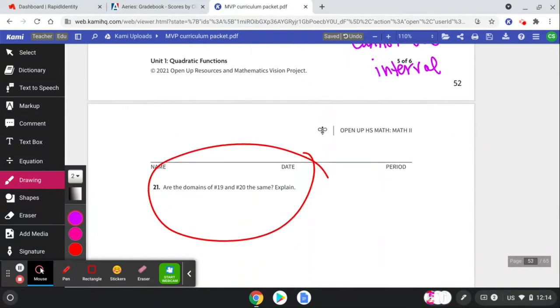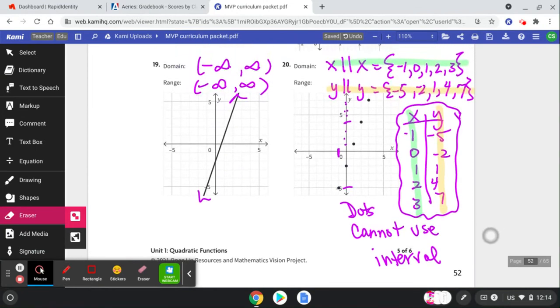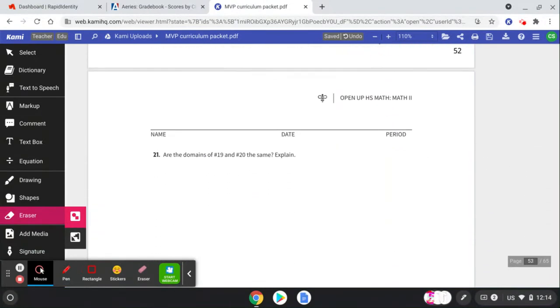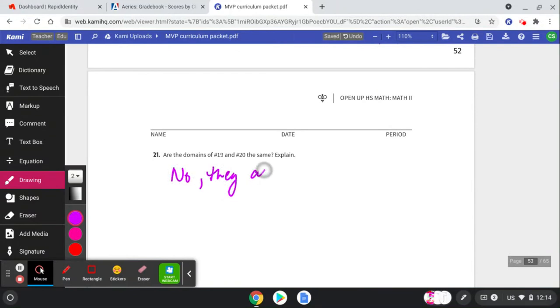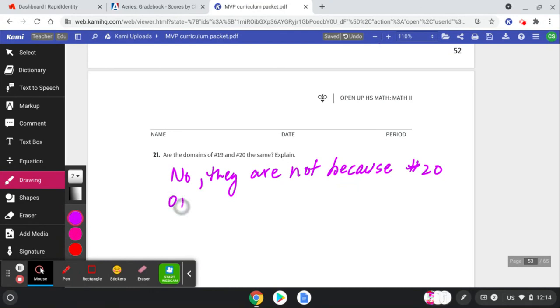All right, last but not least, you have this little bonus question here. Are the domains of number 19 and 20 the same? 19 and 20, are they the same? And absolutely not. No, they are not. Because number 20 only includes the specific dots listed.